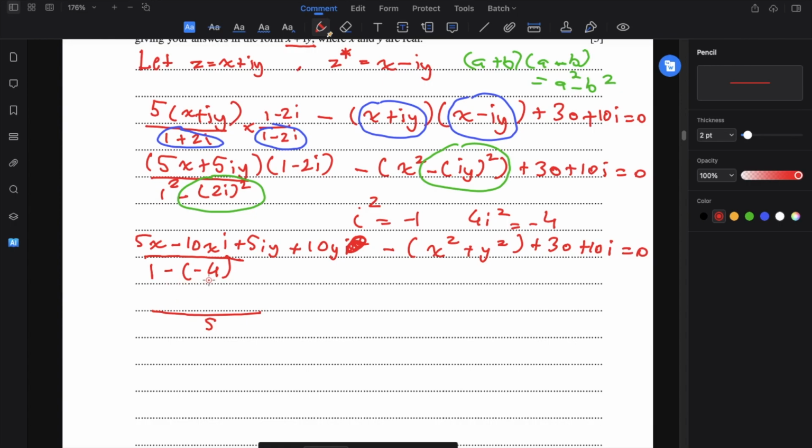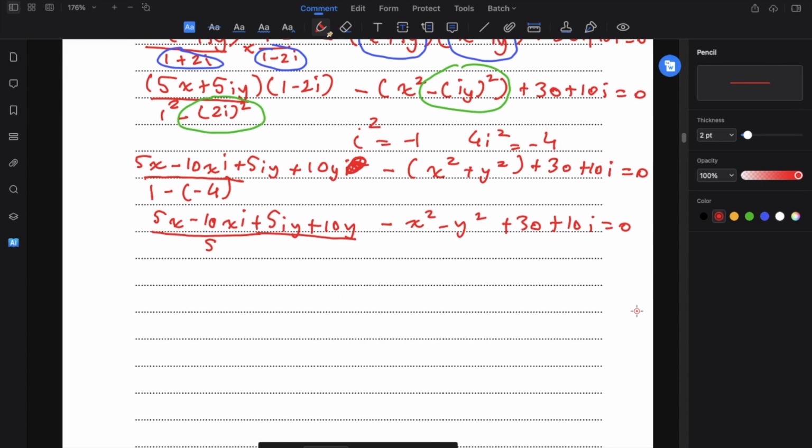We have 5 in the denominator, and at the top everything is a multiple of 5. So we have 5x minus 10xi plus 5iy plus 10y, and this is the fraction minus x squared minus y squared plus 30 plus 10i is equal to 0.